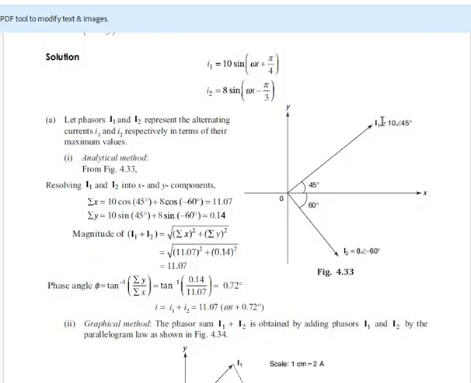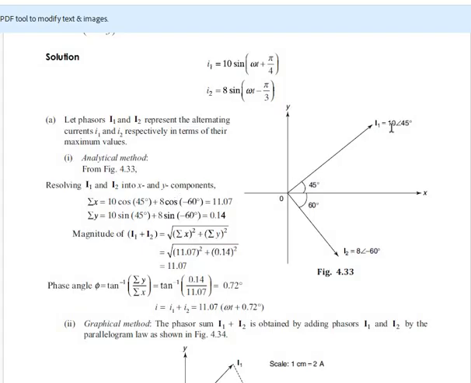Let phasors I1 and I2 represent the alternating currents small i1 and small i2 respectively in terms of their maximum values. So in the analytical method, for I1 plus I2, we resolve I1 and I2 into x and y components.